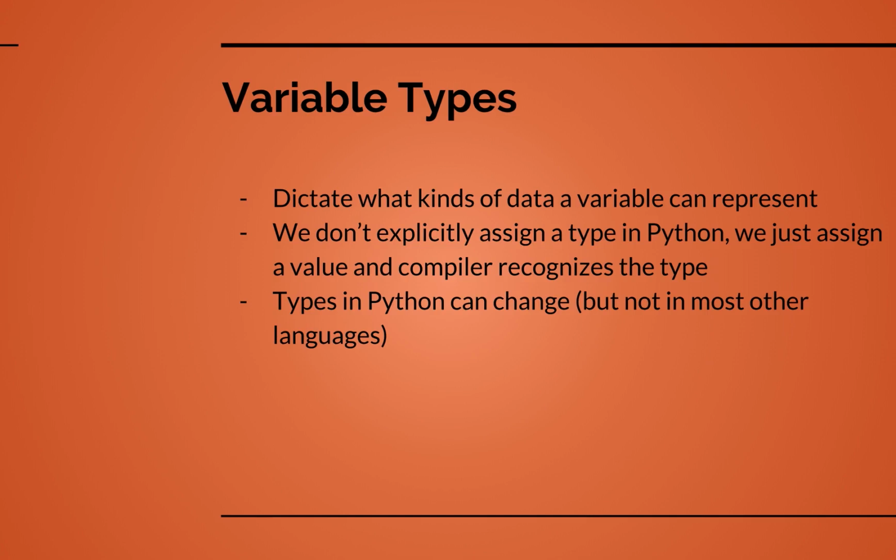Python, however, being really flexible, will allow you to do that. You can totally change the type of variable as the program goes on. This is great in terms of adding that extra flexibility, but that also forces us to perform checks to make sure we know what kind of data we're dealing with, because if we try to feed, let's say, text data into a numerical operation, it's probably not going to work.